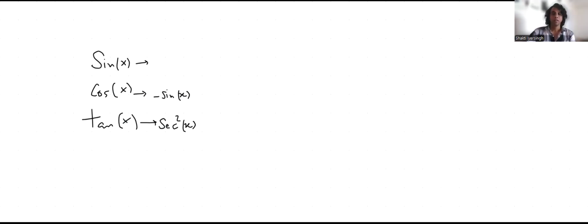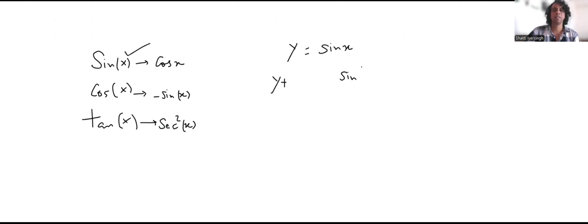All right. So we get started with sine x, which is our first function here. Let's call it y. Y equals sine x. Now, if I go a little bit further on the x-axis by an amount delta x, I go on the y-axis an extra amount delta y, right?